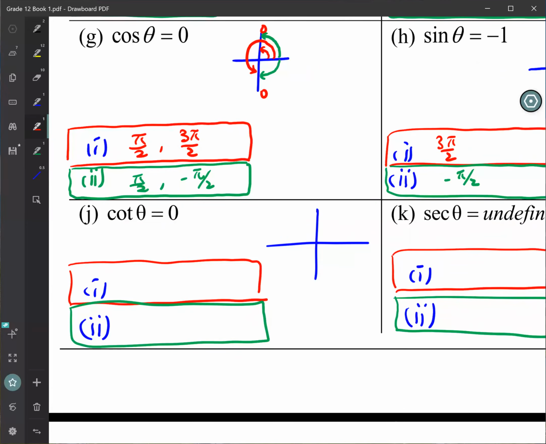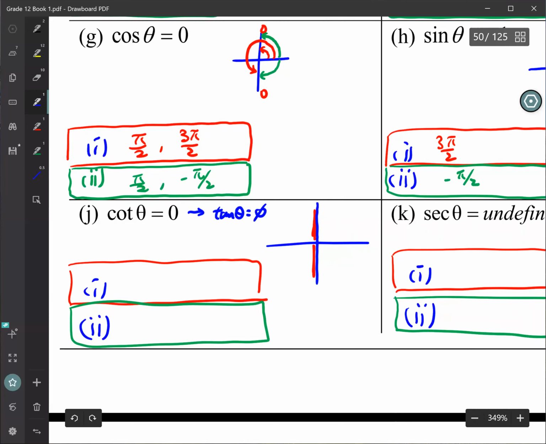So it will be the same as tangent undefined, right? So it will be two places. So I'll just write here. Okay, so it'll be at the same place, same as tangent equal undefined.